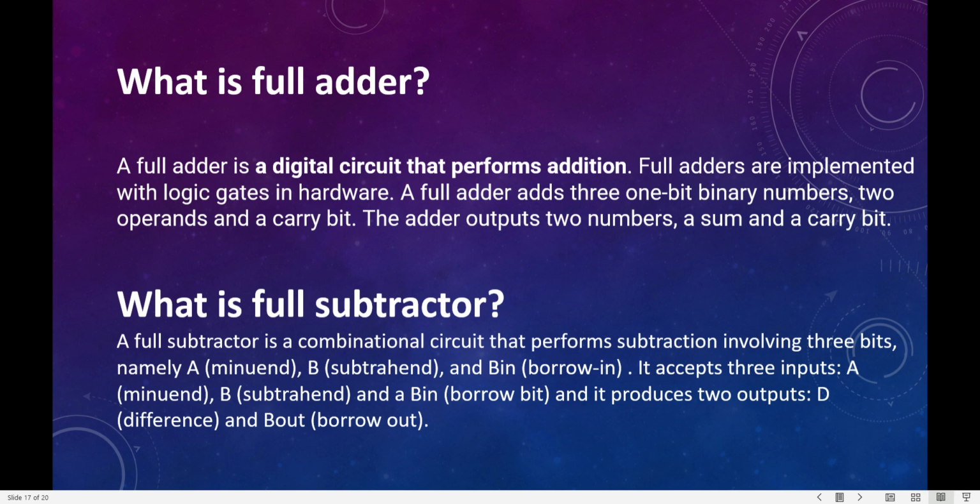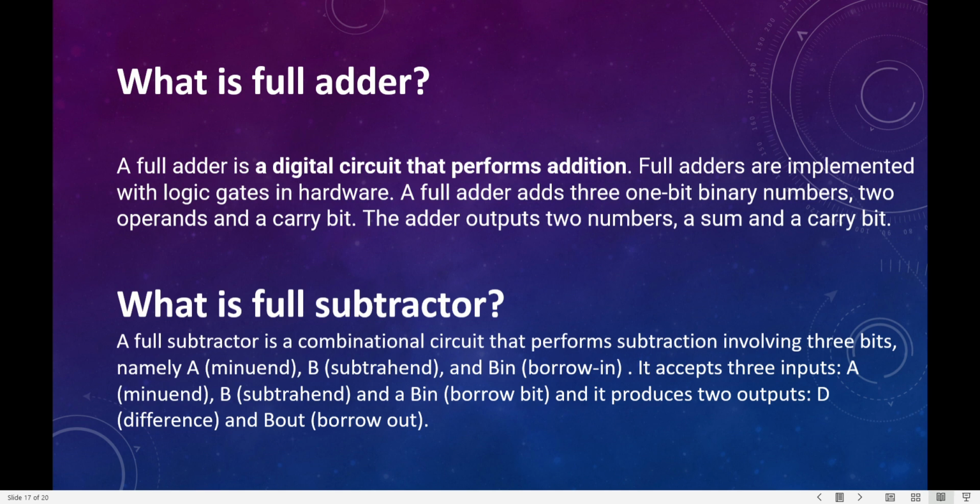What is a full subtractor? A full subtractor is a combinational circuit that performs subtraction involving 3 bits, namely A the minuend, B the subtrahend, and Bin, which means the borrow in. So the first is the minuend, the second is the subtrahend, and the third is Bin, the borrow in.